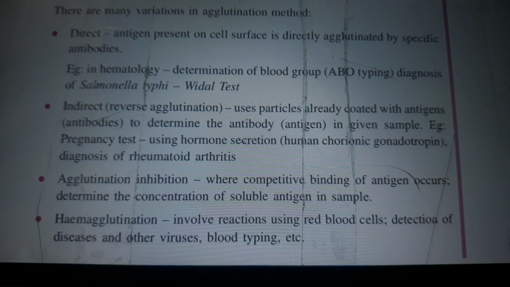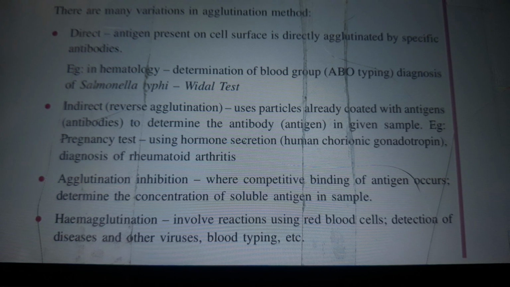Direct: antigen present on the cell surface is directly agglutinated by specific antibodies. Examples: in hematology, determination of blood group, ABO typing, diagnosis of Salmonella typhi, and the Widal test. Indirect or reverse agglutination uses particles already coated with antigens or antibodies to determine the antibody or antigen in a given sample.